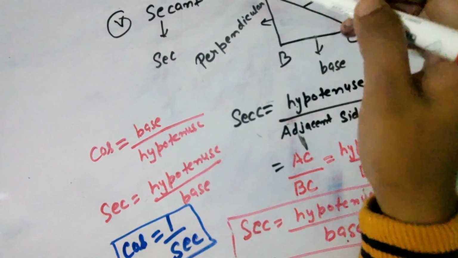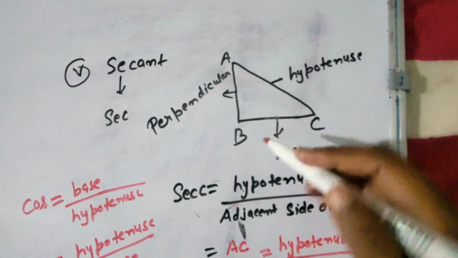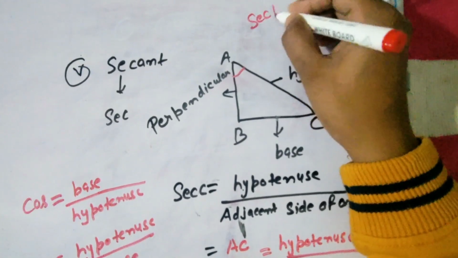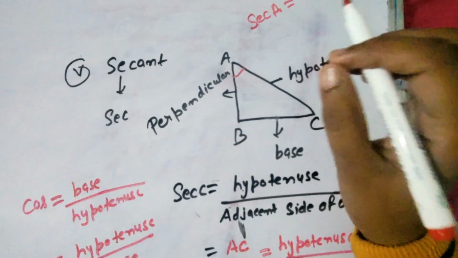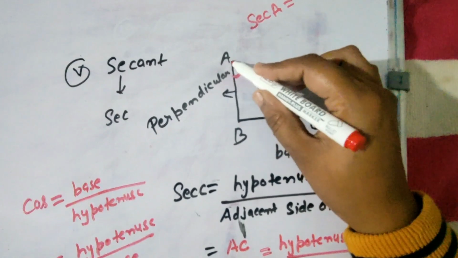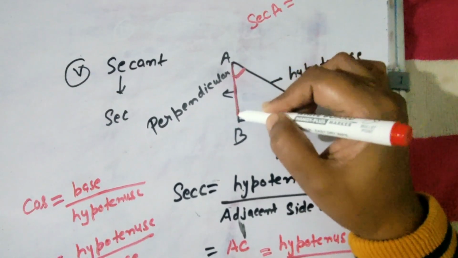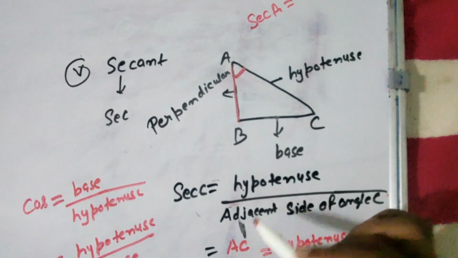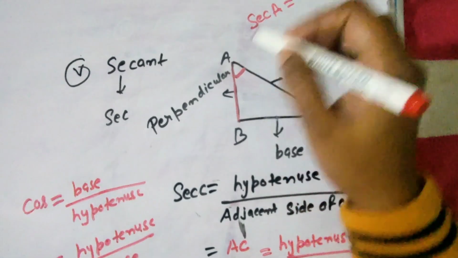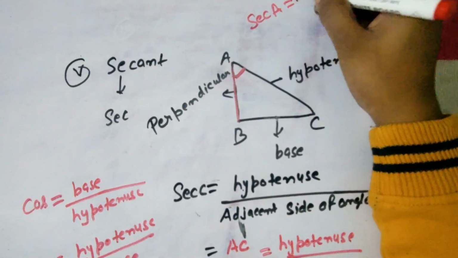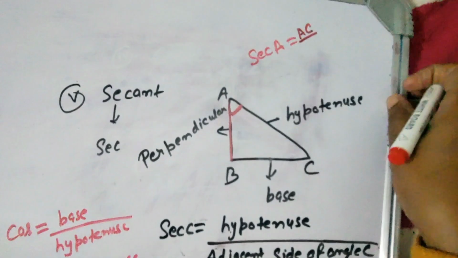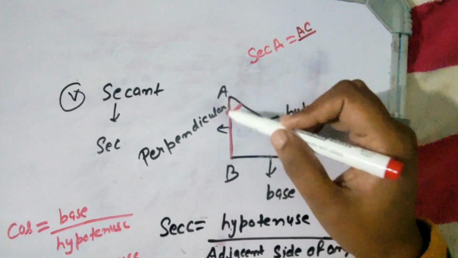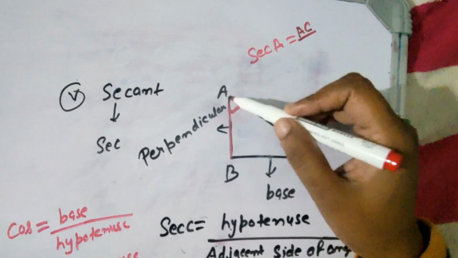Then if the angle changes, if here you find sec A, only a little changes. For A, the adjacent side is AB, not BC.